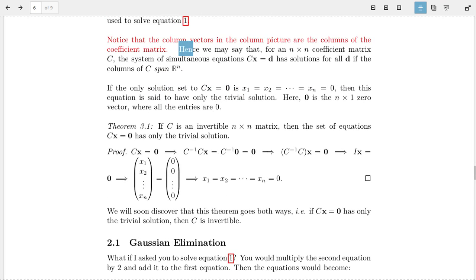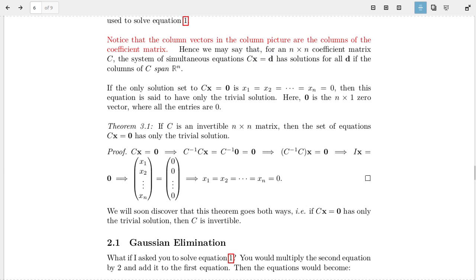So if the columns of the coefficient matrix span Rn, which is n-dimensional real vector space, then we may claim that there are solutions to Cx equals D, where C is an n by n coefficient matrix, x is an n by 1 column vector, and D is an n by 1 column vector.